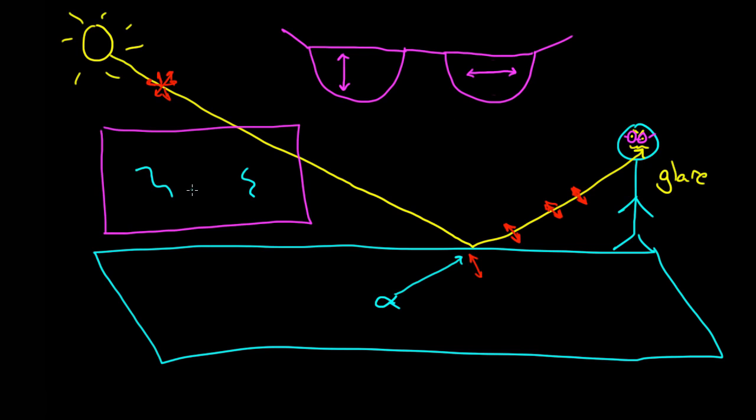If you took these off, it'd look like garbage, because you'd be getting both of these slightly different images. It'd look all blurry, and it does. If you take off your 3D glasses and look at a 3D movie, it looks terrible, because now both eyes are getting both images. But if you put your glasses back on, this eye only gets the orientation that it's supposed to get, and this eye only gets the orientation that it's supposed to get, and you get a 3D image. So it's useful in many ways.